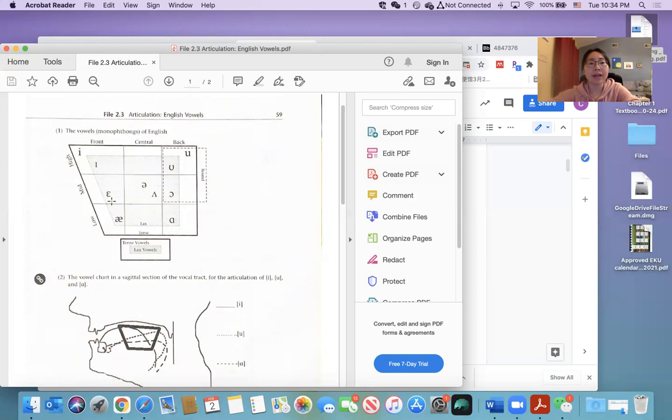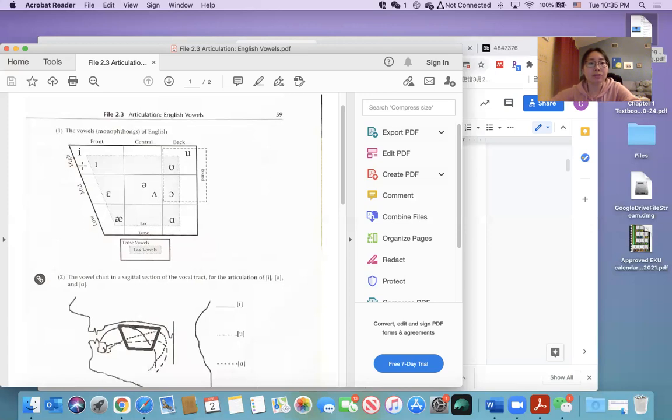And then we have the mid vowels. These are called mid height position, and the last ones are called low vowels, okay? So we can group our vowels into 3 groups, high, mid, and low, based on the height of our tongue and our jaw, if that makes more sense to you.